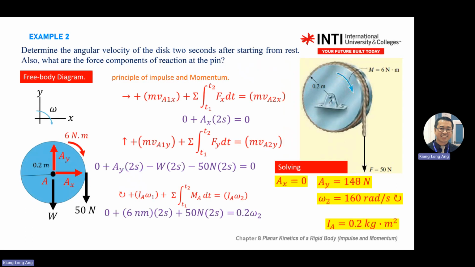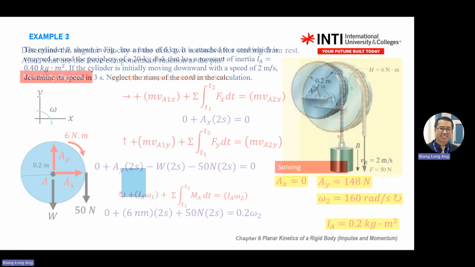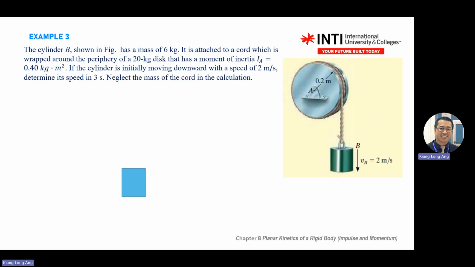Same radius for the disc. Now the mass changes to 6 kilogram, and there's a mass 6 kilogram and 20 kilogram for the disc, with the moment of inertia given to you.